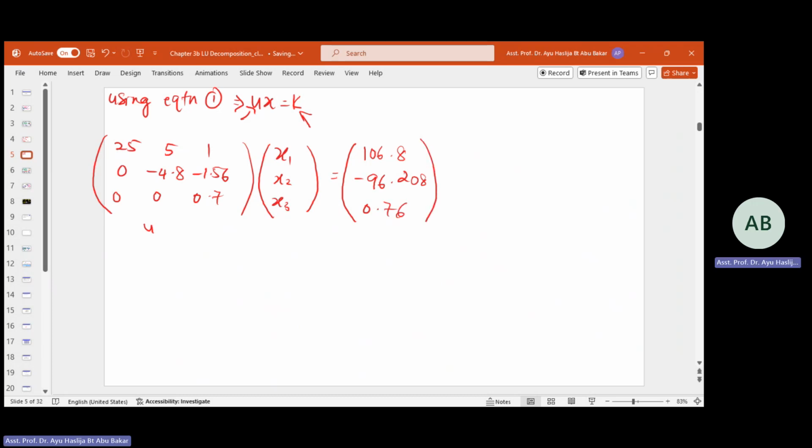So from here, X3: using the last row, you can get your X3.